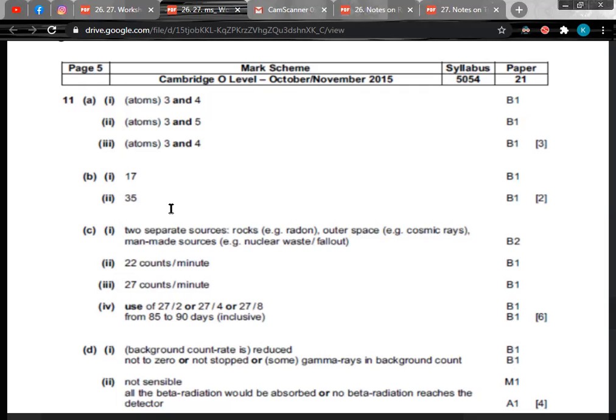Sir, just cosmic rays? Yeah, cosmic rays. This is one. Radon gas second. Then we have nuclear waste from power station. Is it clear? Yes, sir.